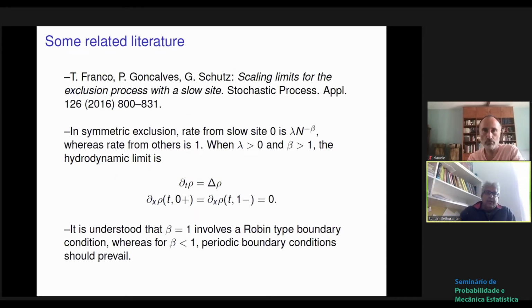Okay, so this sort of problem is not new, and there's a very nice paper by Tertu and Patricia and Gunther on such a problem in exclusion systems. So I just mentioned it in context.